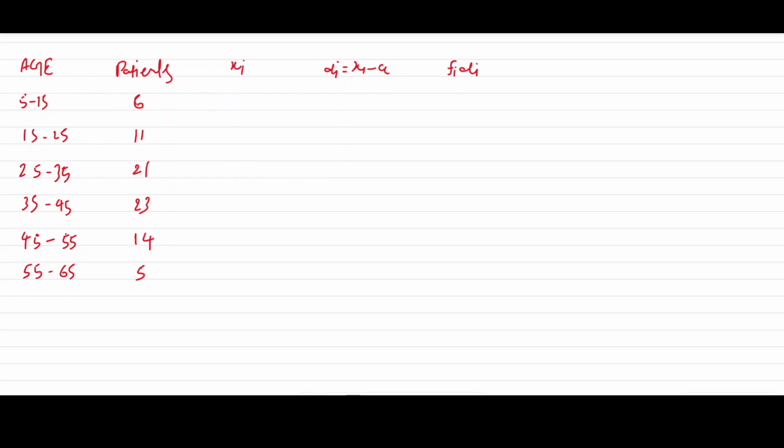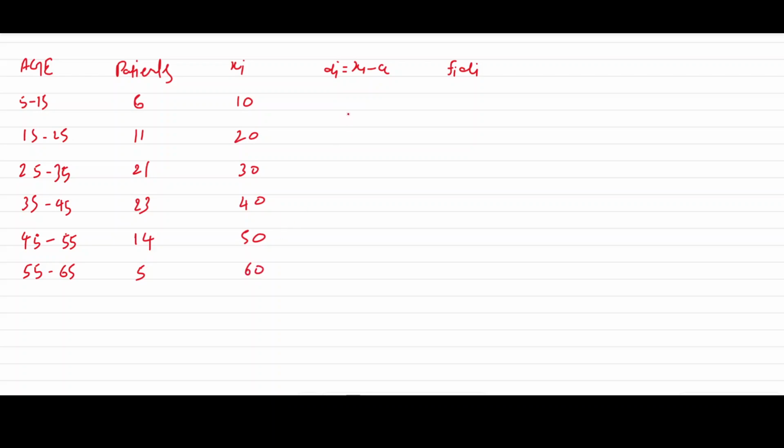We are not able to define age exactly, so we will take the mid value, that means the average value. For 5 to 15 the middle value will be 10, and this will be 20, this 30, this 40, this 50, this 60.